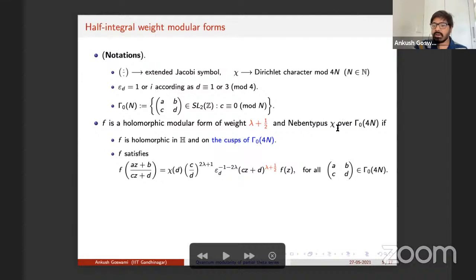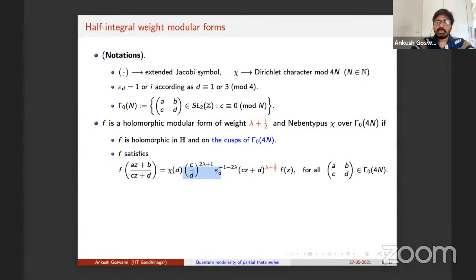For an integral weight, you can actually define it over gamma sub 0 of n instead of 4n. And then the second property is that it satisfies a similar transformation property, except that you don't have these multipliers. So you don't have the extended Jacobi symbol, and you don't have this epsilon sub d. So if the function f of integral weight k and Nebentypus chi over gamma sub 0 of n satisfies these two conditions, then it is called a holomorphic modular form of integral weight.